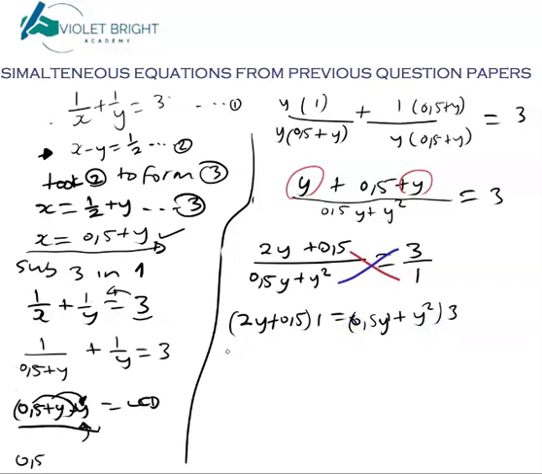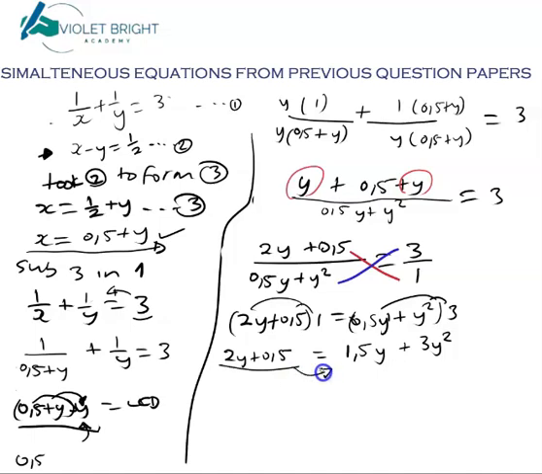So now this is 2y plus 0,5 is equals to 3 times 0,5. Remember that is 1,5. It's half times 3, which is 1,5 y plus 3y squared. Remember this is factorization. So this also is factorization here, but because we are multiplying by 1, hence it's just the same digits there.